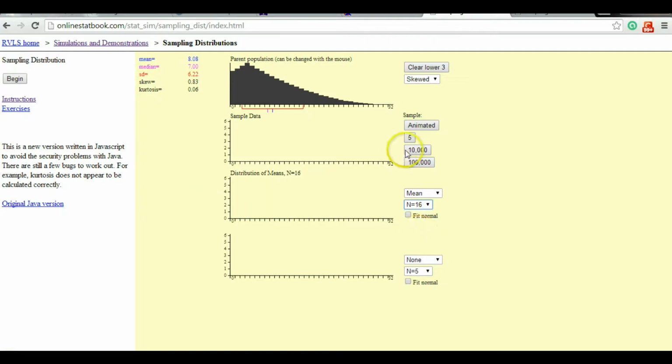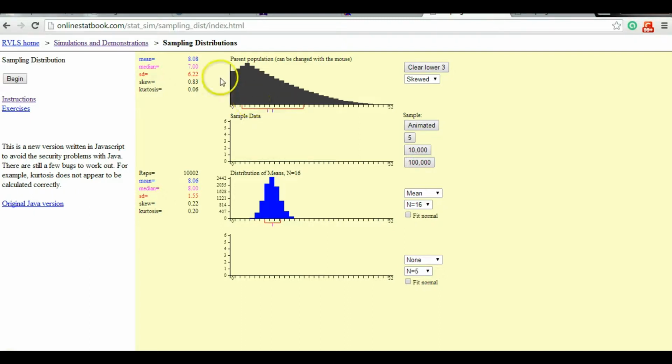Let's go to 16 people. So we're going to take 16 people from our population, and we're going to plot the mean of those 16 people. We'll do it one more time, and let's do 10,000 samples. So now what happened?